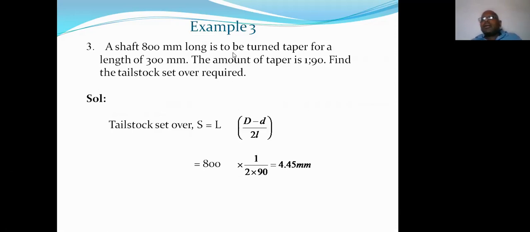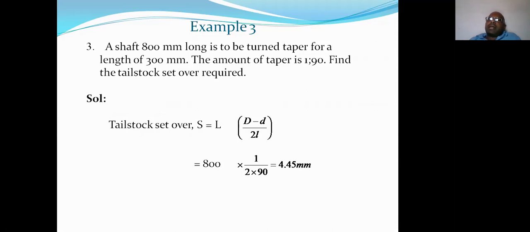And in the second one, only by swiveling the compound rest, the required taper angle is produced to a larger length as compared to the form tool method. But the length of the taper is restricted, because the length of the taper is up to or less than the length of the sliding of the compound rest over the cross slide.